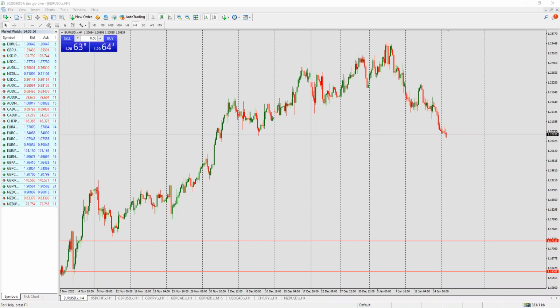Otherwise, it becomes less and less reliable. Last time I showed you how supply and demand works on the SPX 500, and we also looked at gold, XAU/USD, and the situation is the same. Supply and demand levels look the same as on any other forex pair, and there's nothing different regarding supply and demand on indices, commodities, or any other forex pairs.